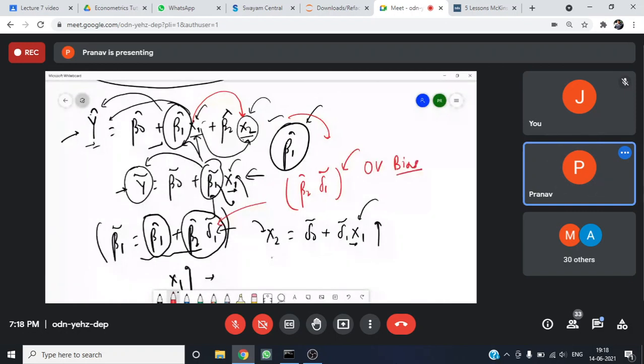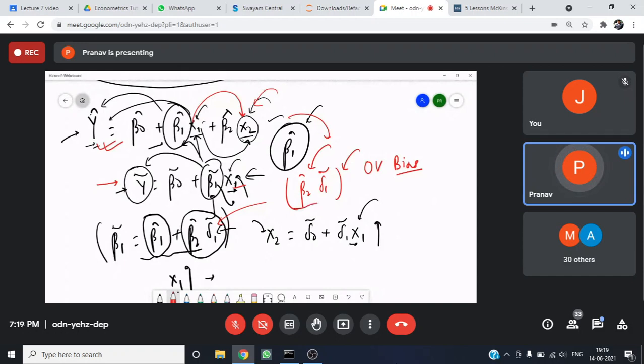Meaning, if instead of running the original model, you ran this model, then this beta 1 tilde either underestimates or overestimates the effect of x1. And that underestimation or overestimation depends on this beta 2 hat, which is the coefficient of the omitted variable.